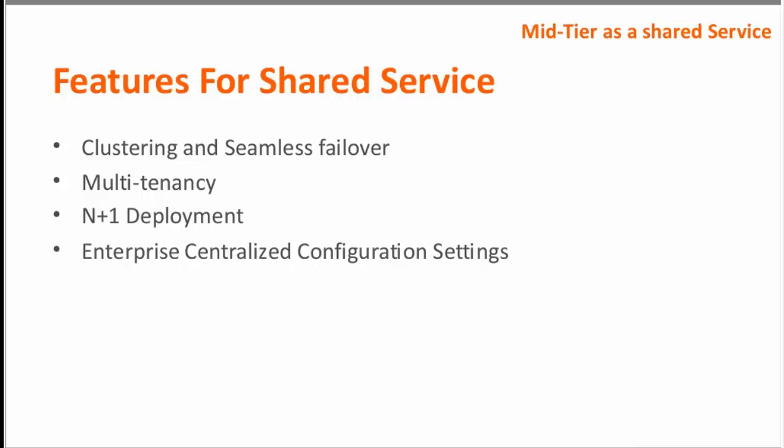Here are the 4 core features which help us to deploy Midtier as a shared service. But these features are not interrelated. We can use them independently also. For example, we can use clustering without any other features, and you will get high availability and seamless failover. In the same way, we can use the enterprise centralized configuration server to manage Midtier configurations.